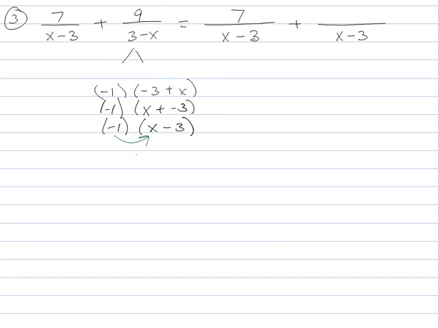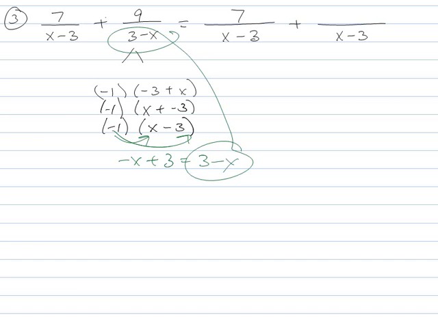And again, if you don't believe me, you can always work it out. And then that's the same thing with this. So I could factor out a negative 1. And that's completely acceptable. So that would be one way to do it.